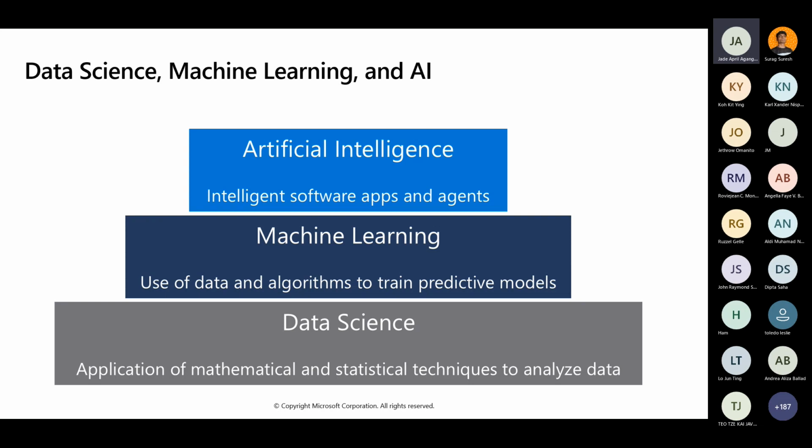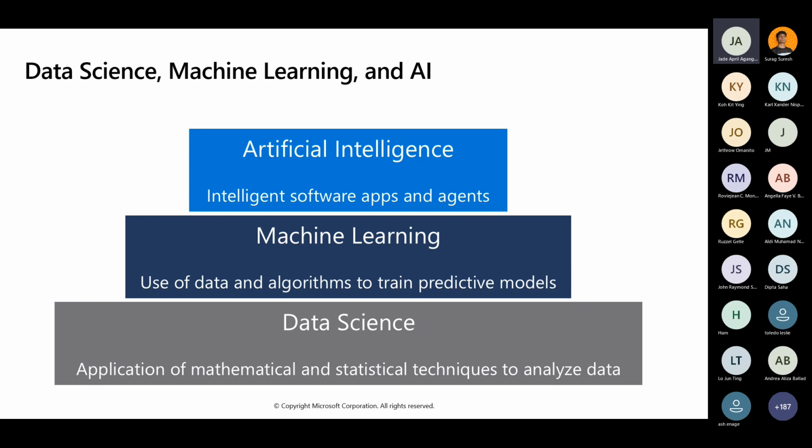We take the population of the school, the kids and the grades, and try to understand how their grades and the population affect them. In machine learning, we now get data and algorithms and train them to form a predictive model.